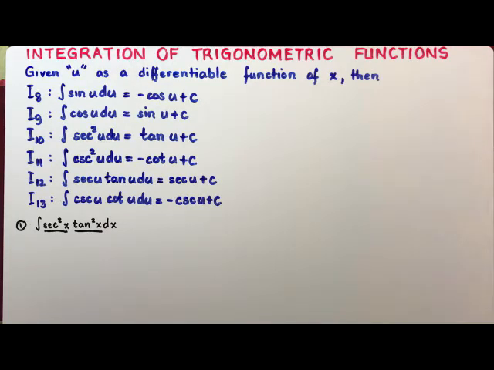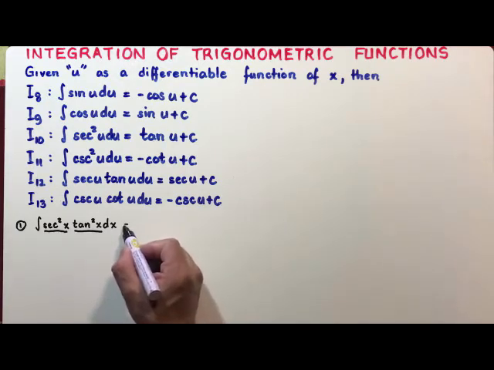You must be clever enough to think in advance what could be your u, because when you let secant x be your u, the derivative of secant x will involve secant x tangent x. So it's impossible to see it there exactly, because there is an extra tangent x, because this is the square of tangent x. So what if we do the reverse?